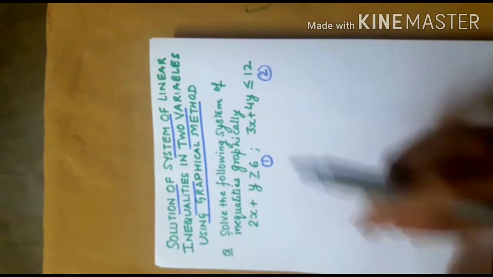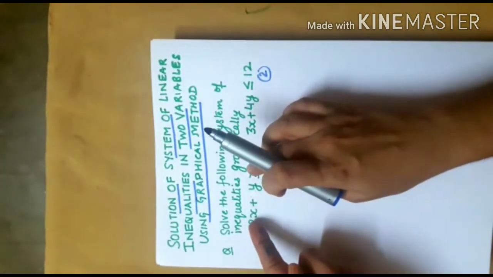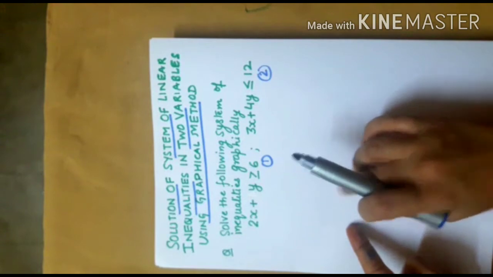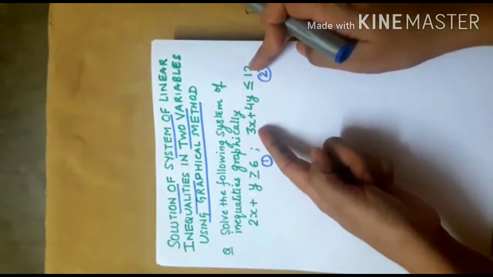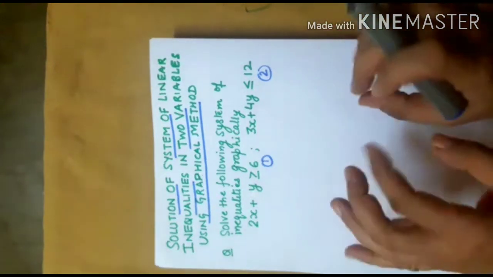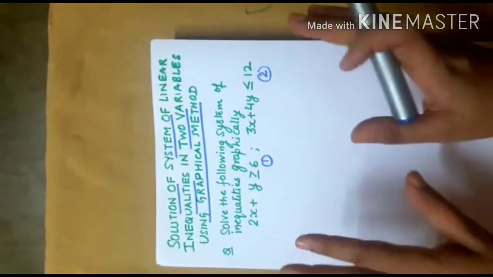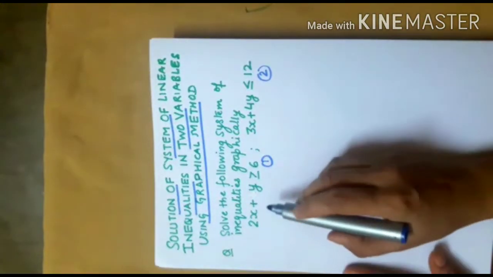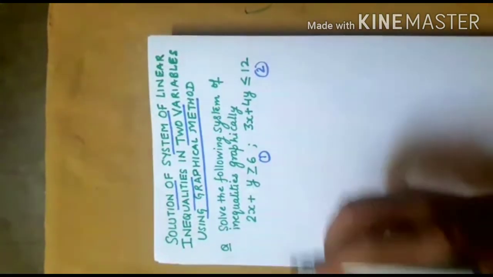So I'll obtain the solution region of this inequality using graphical method, I'll obtain the solution region of this inequality using graphical method, and then I will identify the common solution region. So let us first solve this inequality.